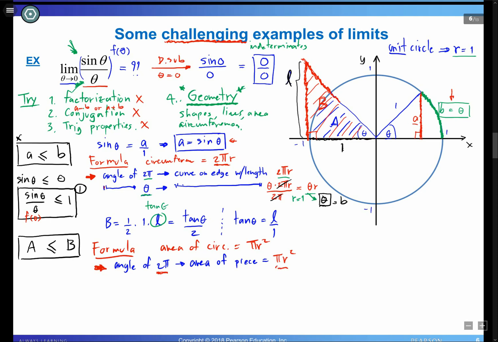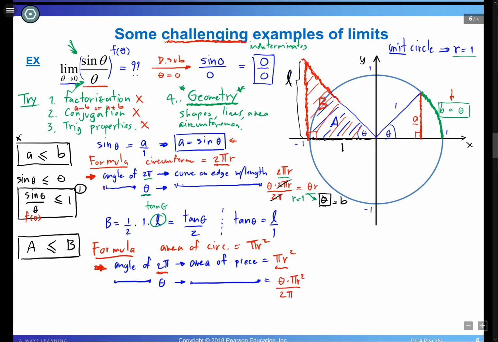But what if we are interested in just one slice? Angle of theta, one slice, it's going to correspond to the area of piece equal to, now we do the direct comparison, the ratio. So we have this theta times pi r squared divided by 2 pi.